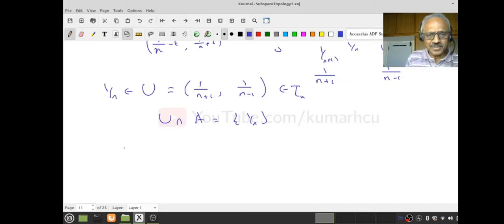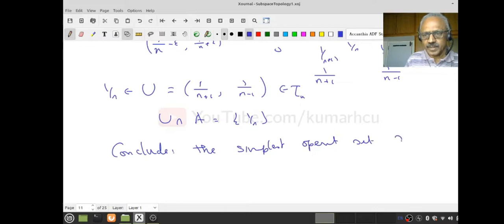Therefore what do you conclude? The simplest open set containing 1/n in the subspace topology on A is the singleton {1/n}.